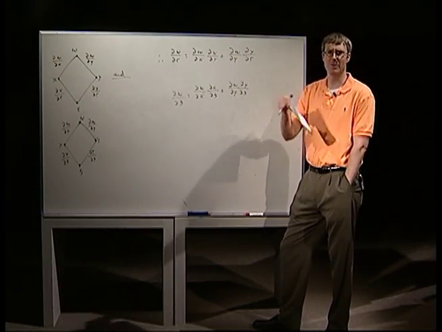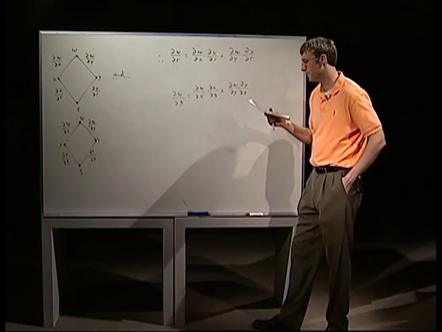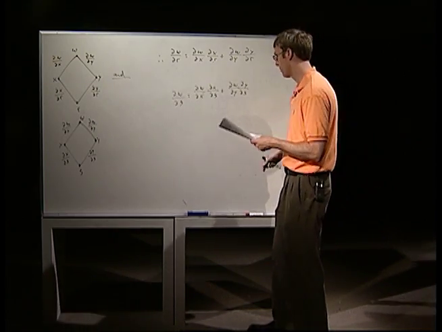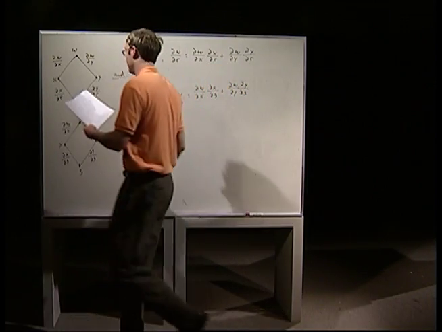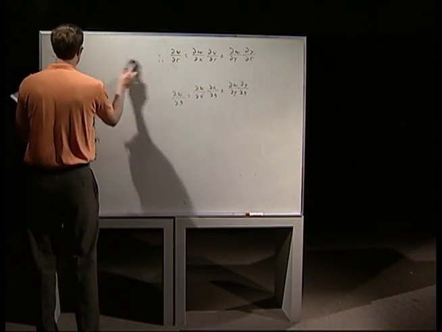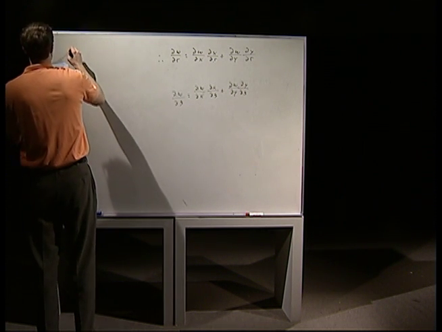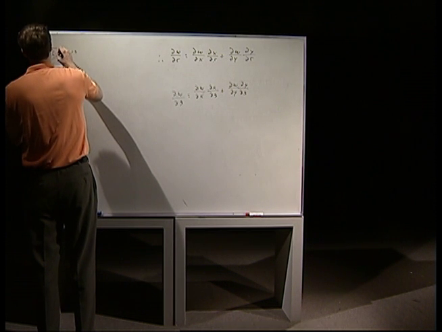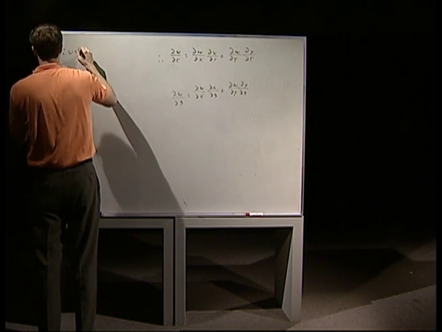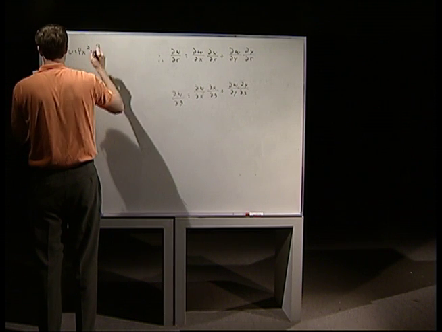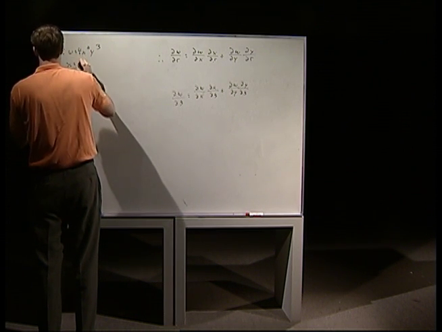It's not a combination like it was before. These are separate instances. Let me do a brief example of this. We won't spend too much time on this, but it's good to see it once. Suppose that W, this is the example, W is 4x squared y cubed. There's my temperature function.